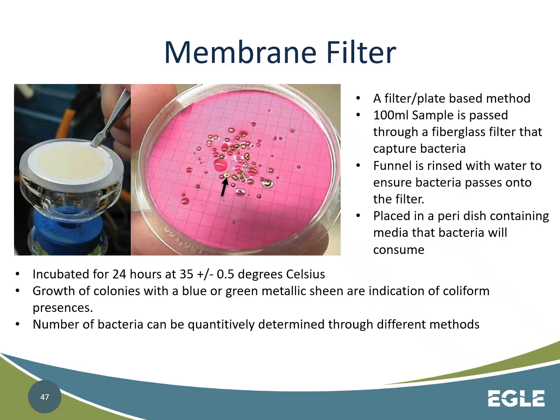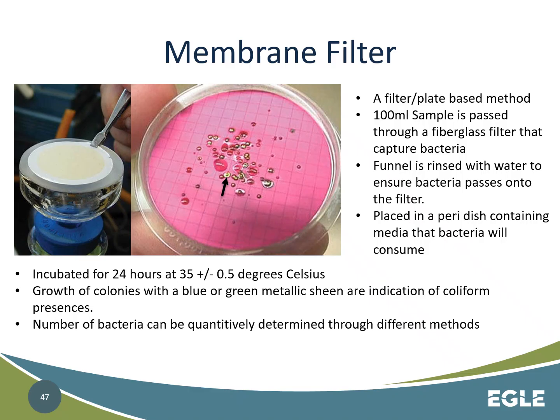Membrane filter. There are a number of plants that use this. It's a filter plate based method. You take a 100 milliliter sample and pass it through a very fine fiberglass filter that captures bacteria. It has very small pore sizes. After you run your first sample through, you rinse the funnel with additional distilled water to rinse any bacteria that might have stuck to the side of it down onto the filter.